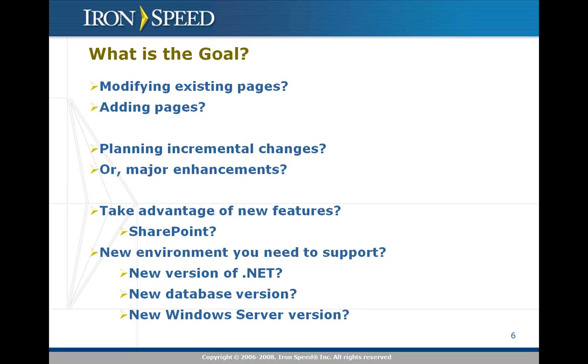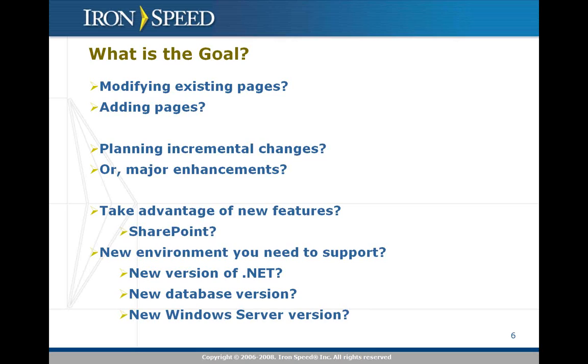The reason I ask this question is that you've got two or three different strategies available. You can leave the application in the older version, you can migrate it into the newer version, or you can build the application completely in the new version.